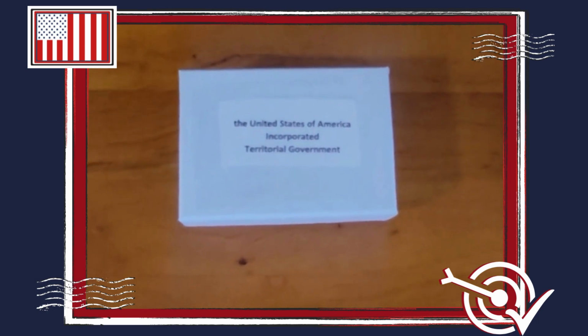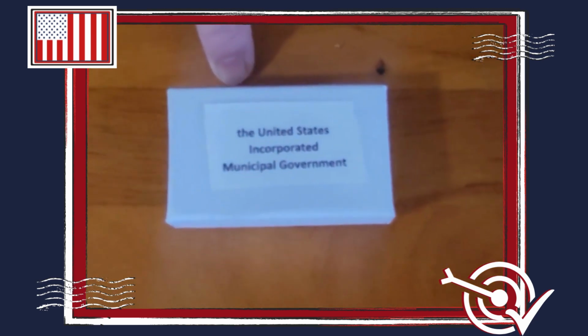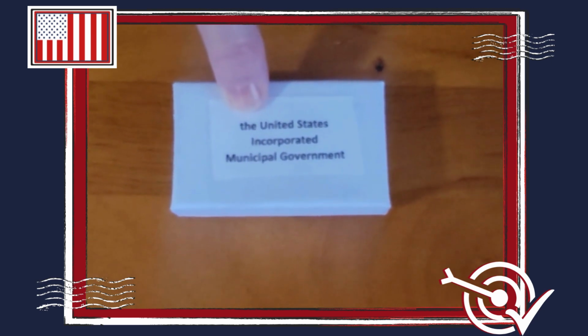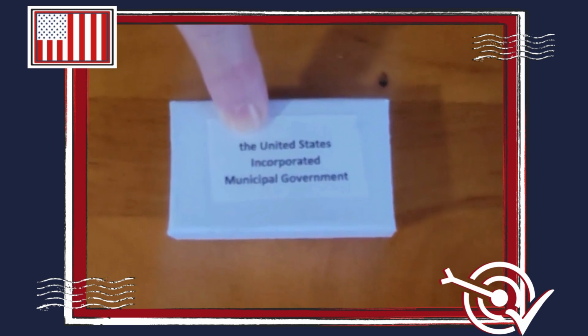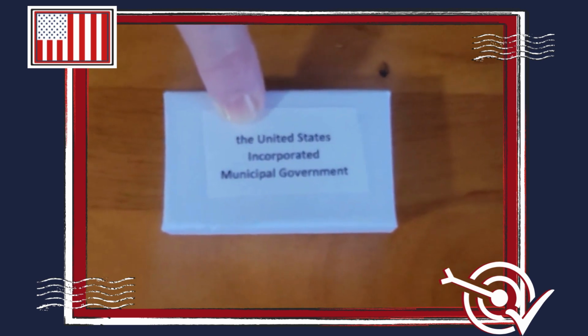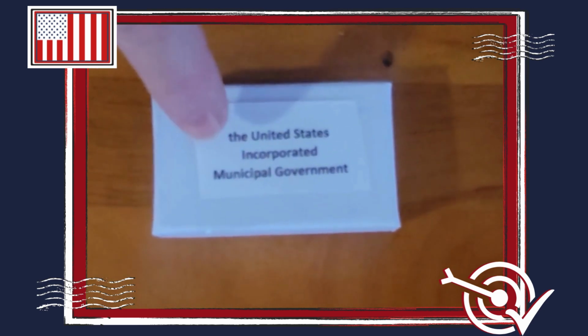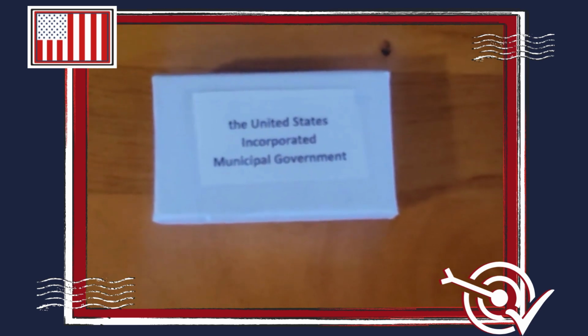And finally, over here, we have, again, the United States. Not a definite article, so it's not a unique entity, or not necessarily a unique entity. It too is incorporated, and it is the municipal government.